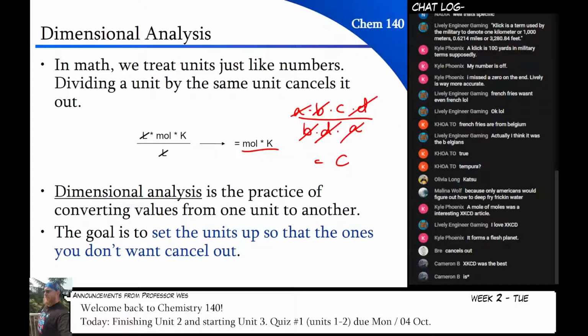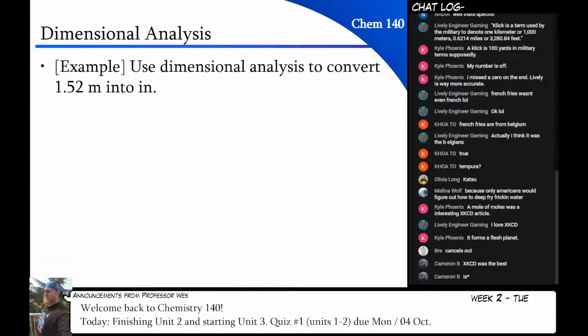And then we're going to cancel everything out that can be canceled out, and whatever is left will be our answer. Okay? So if we can cancel out the units that we don't want and leave only the units that we do, we can solve any problem.